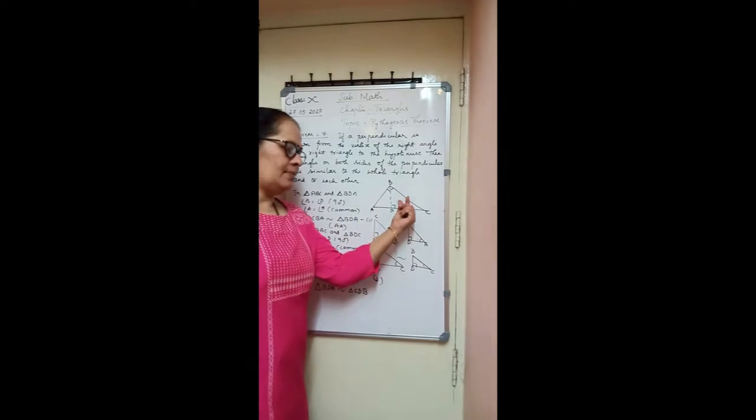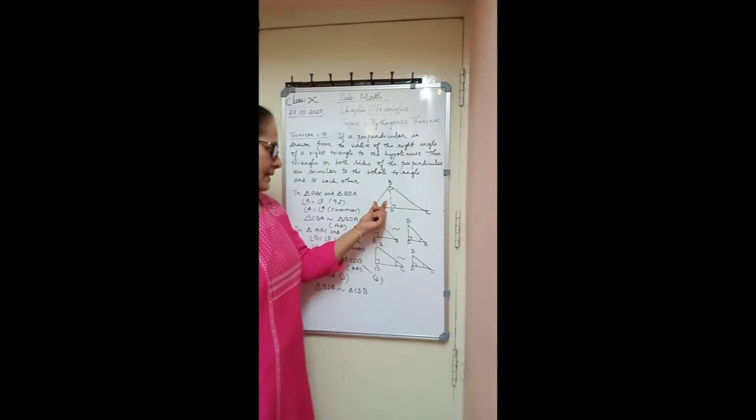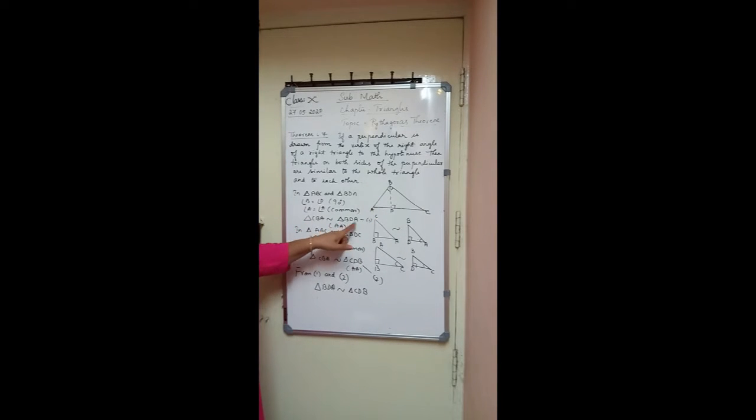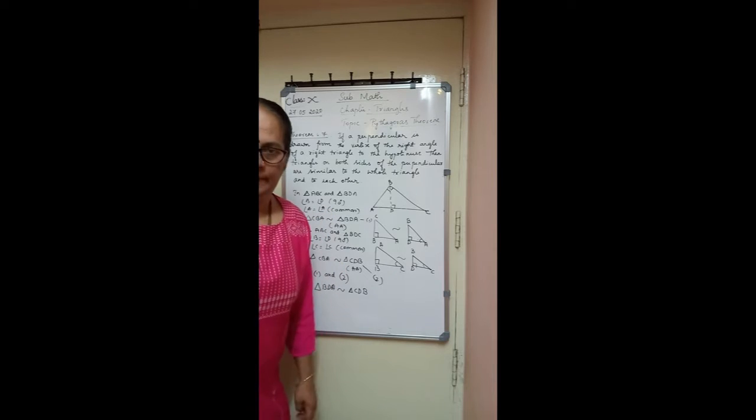This triangle is similar to this as well as triangle ADB. CBA is similar to BDA, then triangle CBA is similar to CDB, and these two triangles, that is triangle BDA, is similar to CDB.